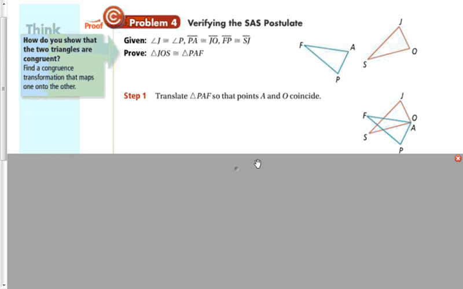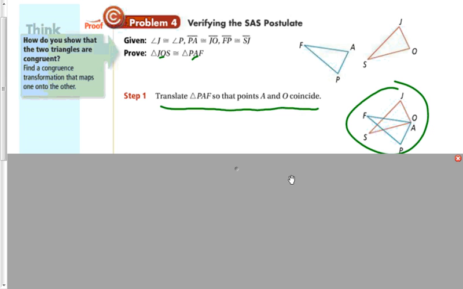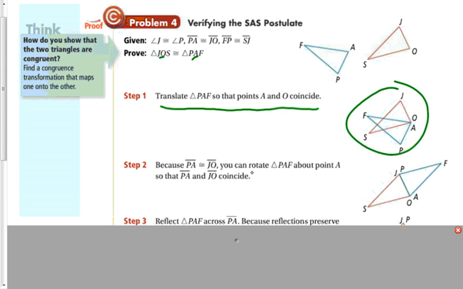So the first thing that we could do is slide them. If we slide this so that A and O, because those two are supposed to coincide with each other, are touching, then we have a picture that kind of looks like this. Nothing else moved, we just slid it. Okay, now if we look at this, we could rotate.